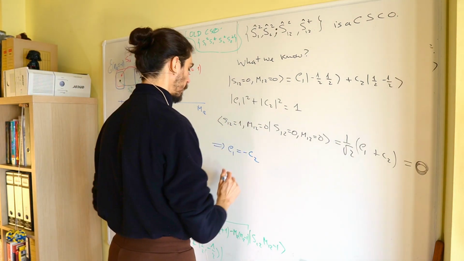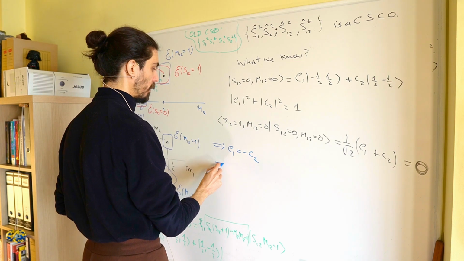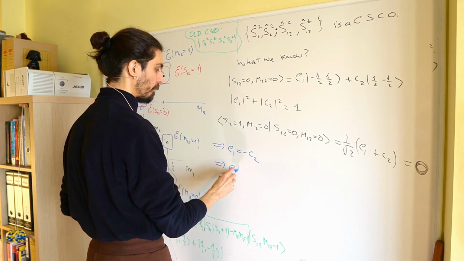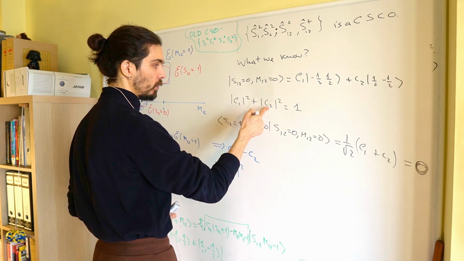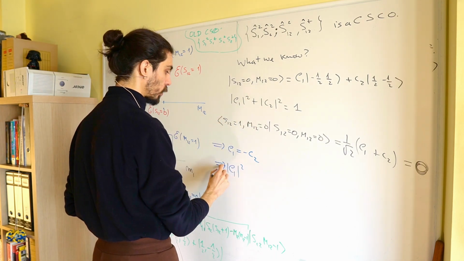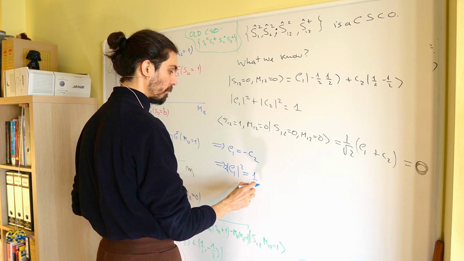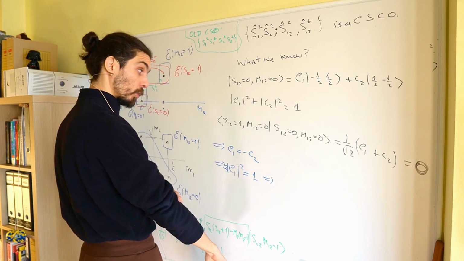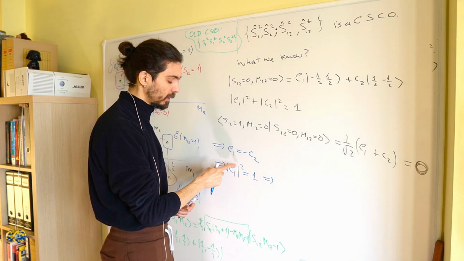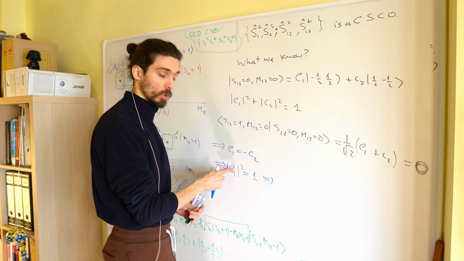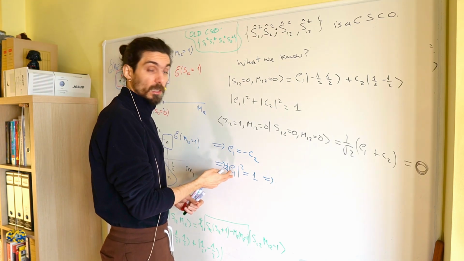Let's substitute here. C1 squared plus, well, we put here the C2, and you get C1 squared again. So this is 2C1 squared is equal to 1. Well, one possible solution, remember, this is the absolute value of the C1, so it might be a complex number, but I just want a solution.